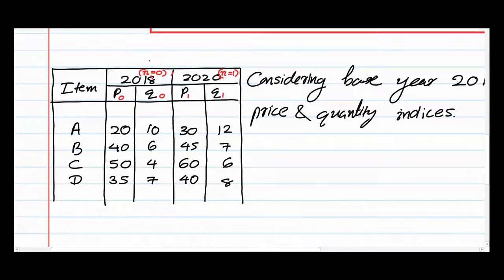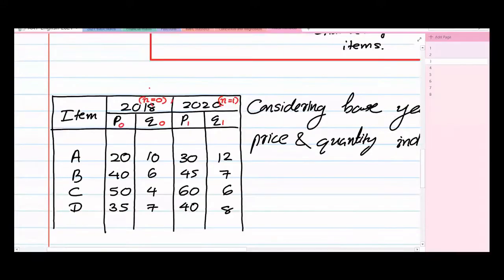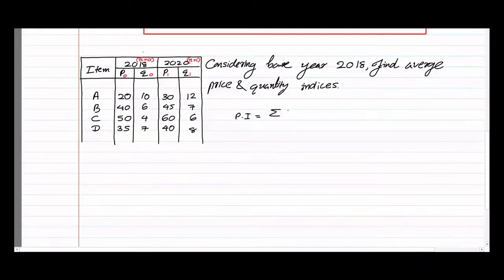Now you are going to find the price index, which is sigma, summation P1 over P naught into 100, and finally we divide by the number of items.